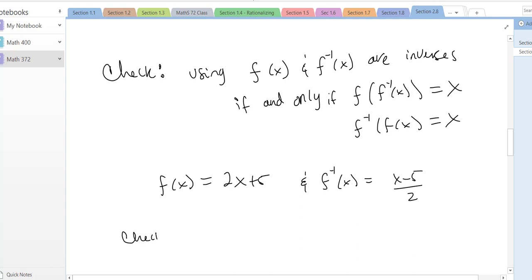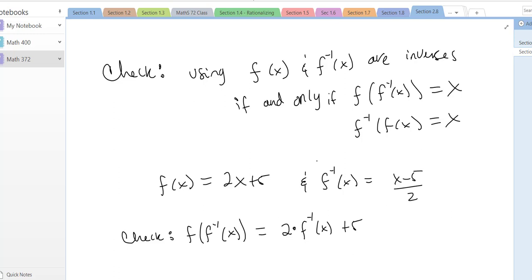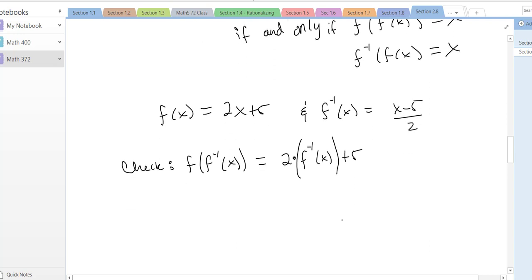To check, I'm going to find f of f inverse of x, which means everywhere I see an x in my f, we're going to plug in f inverse. So this is going to be 2 times f inverse of x plus 5. Let me put parentheses around here just to make sure. And so let's plug in f inverse.